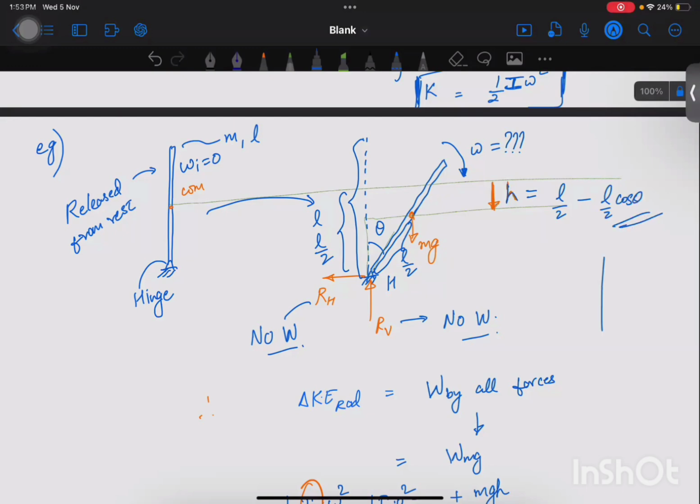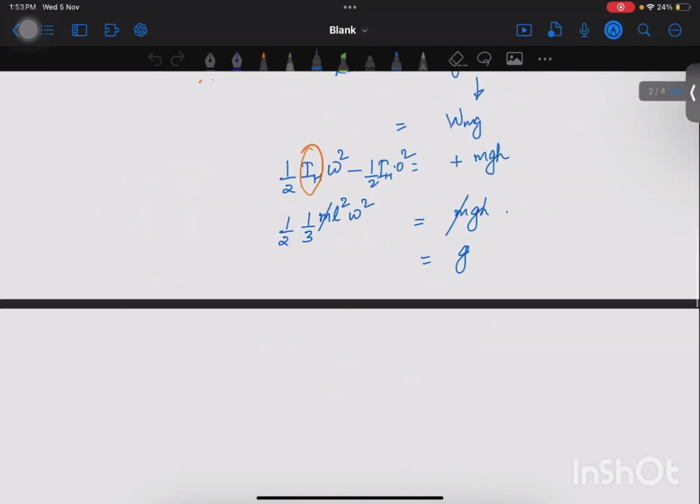This part is clear. No doubts in this particular expression. Okay. So now, substituting the value over here, L by 2 times 1 minus cos of theta, that is the h value. On the other side, what do you have? Half, 1 by 3 L square omega square.